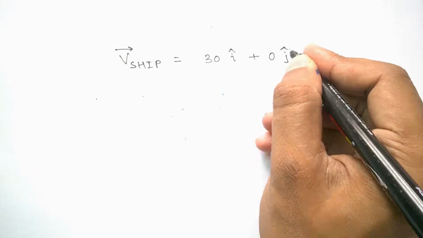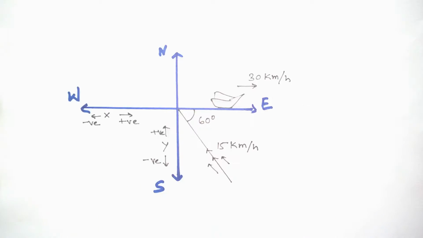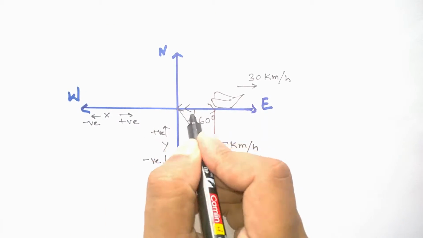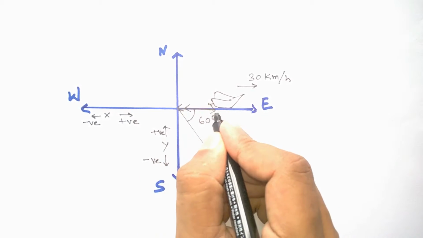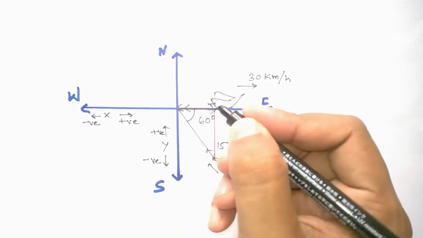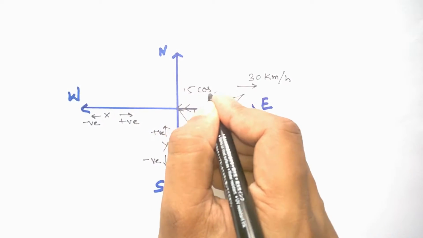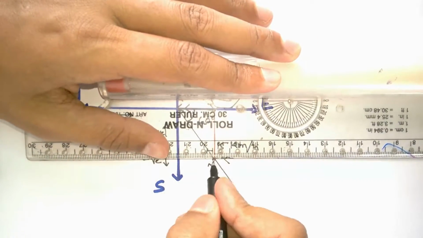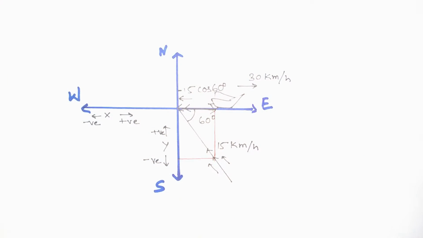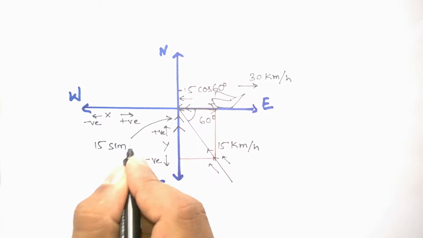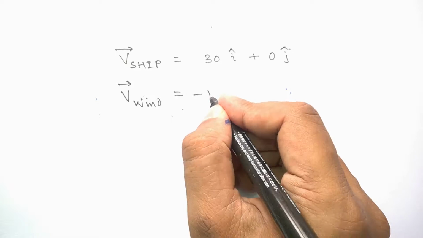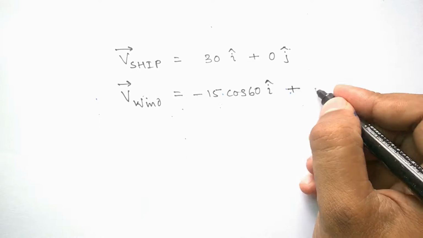Since it has no displacement along y-axis, its velocity will be 0 along y-axis, whereas the velocity of wind will have its components along x and y-axis, having a value of negative 15 cos 60 and 15 sin 60 respectively. The negative sign along x-axis is because of the sign convention.